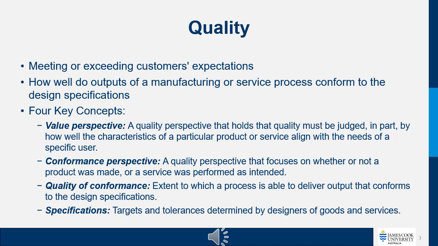When we're looking into conformance perspective, it is a quality perspective that focuses on whether or not the product was made or a service was performed as intended. Quality of conformance is the extent to which a process is able to deliver output that conforms to the design specification. And of course, the specification is the target and tolerance determined by designers of goods and services.